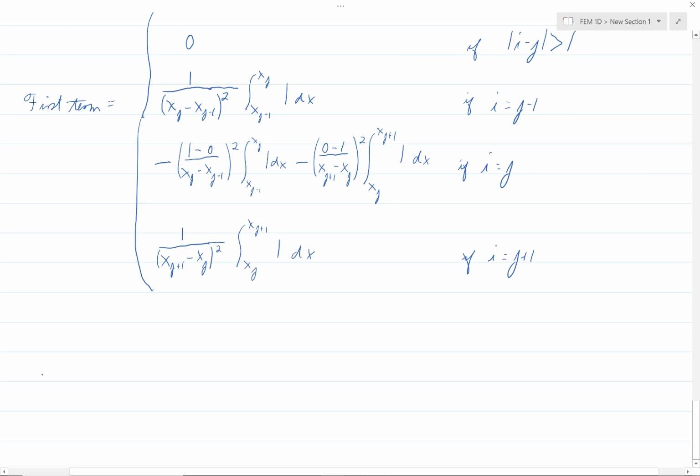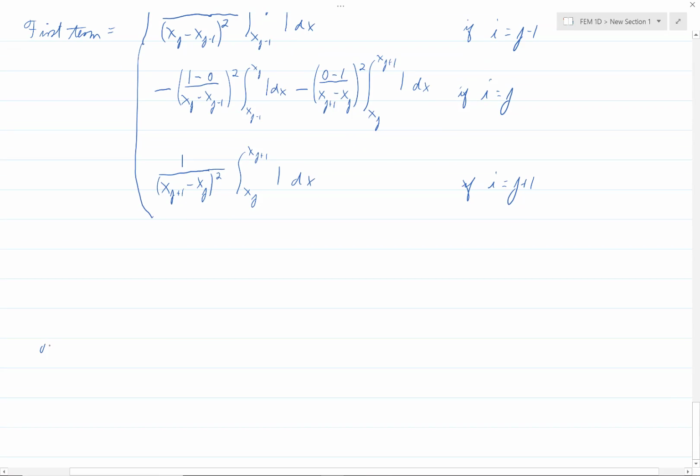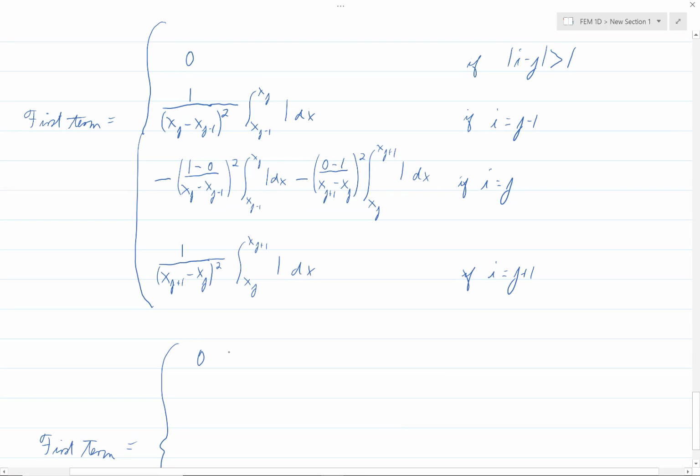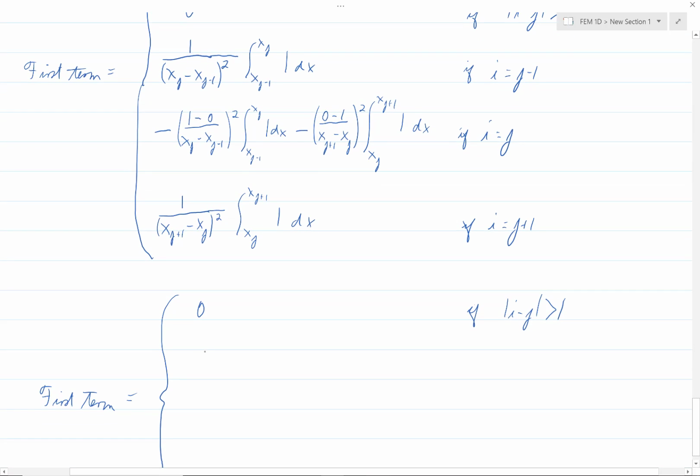And so now we finally wrap this all up and see just how simple this is. So we get 0 if the difference between i and j is greater than 1. We will get 1 over (xj minus xj minus 1) if i equals j minus 1.